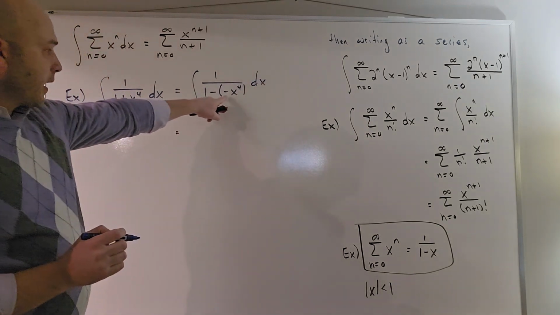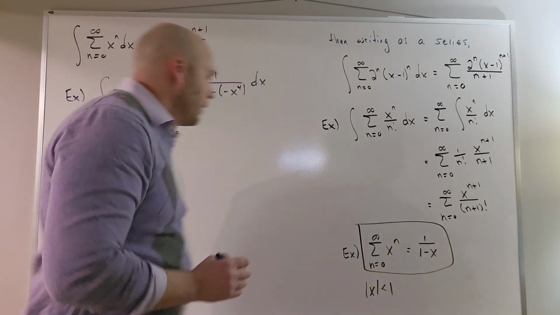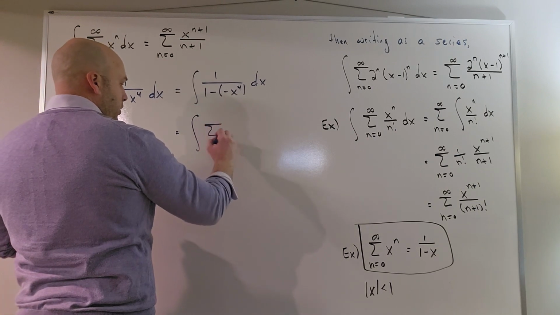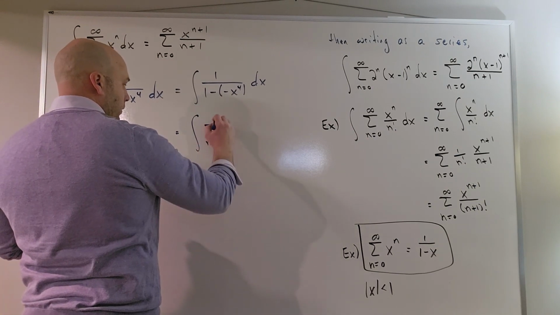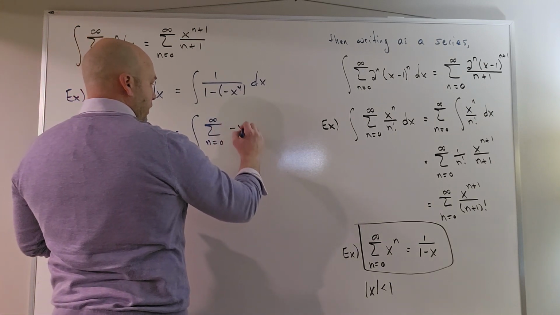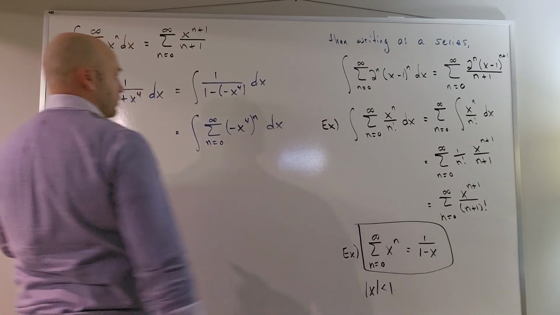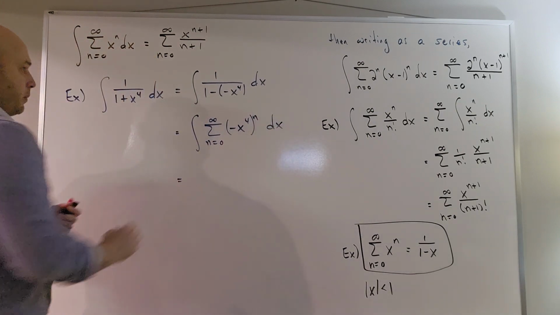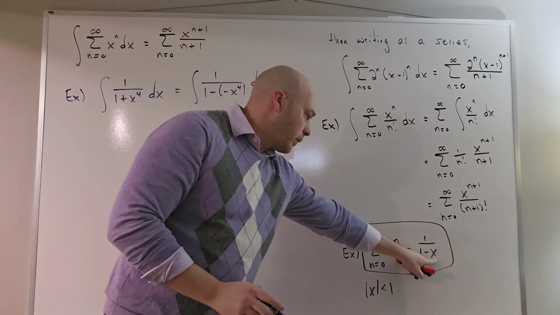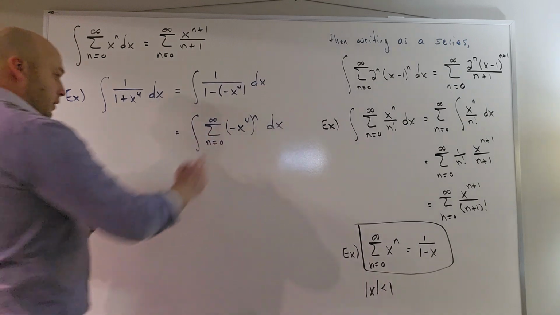And then negative x to the fourth plays the role of this term right here, meaning this would be the same thing as the integral of the summation of negative x to the fourth to the n, because notice that this term here again plays the role of this term, and that's going to be what's underneath your power of n.